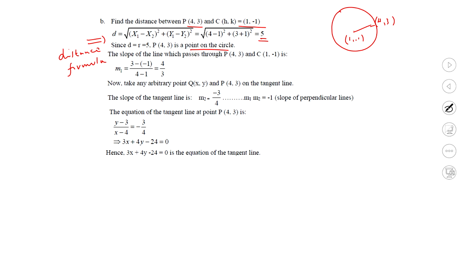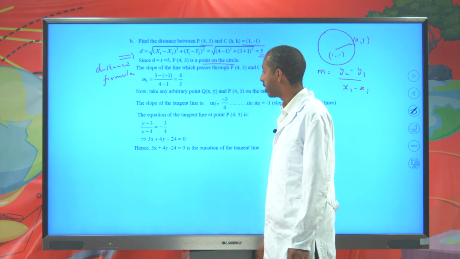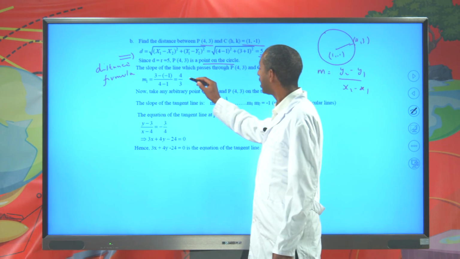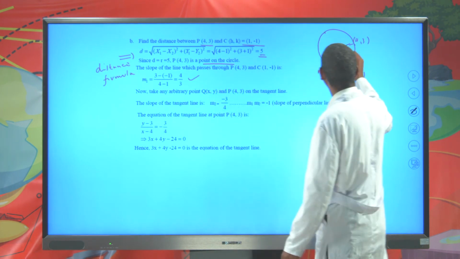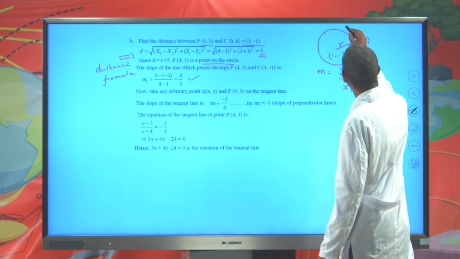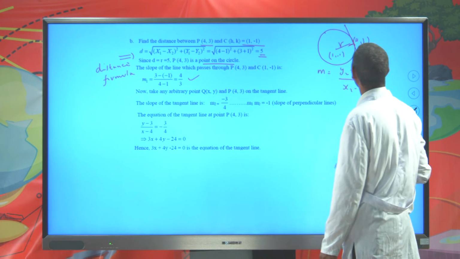In order to find the slope or gradient of the line, we say m is equal to (y2 minus y1) over (x2 minus x1). Applying that formula, (3 minus -1) over (4 minus 1). This is the gradient of this line. We know that there is a tangent line which passes through this given point.